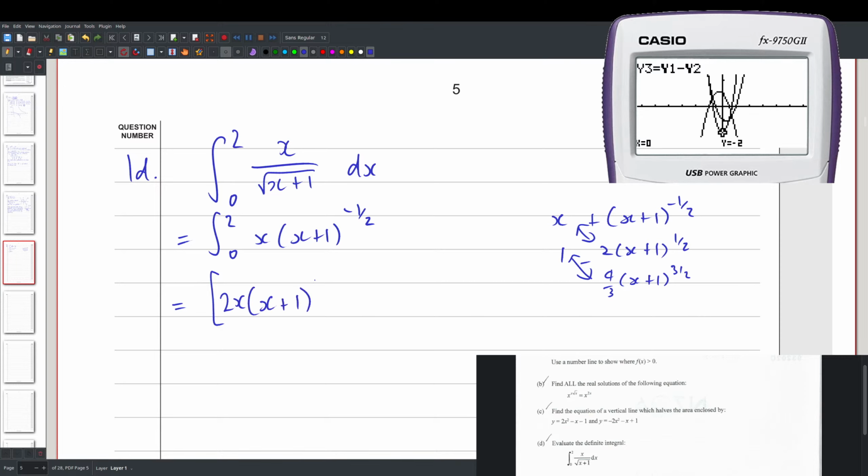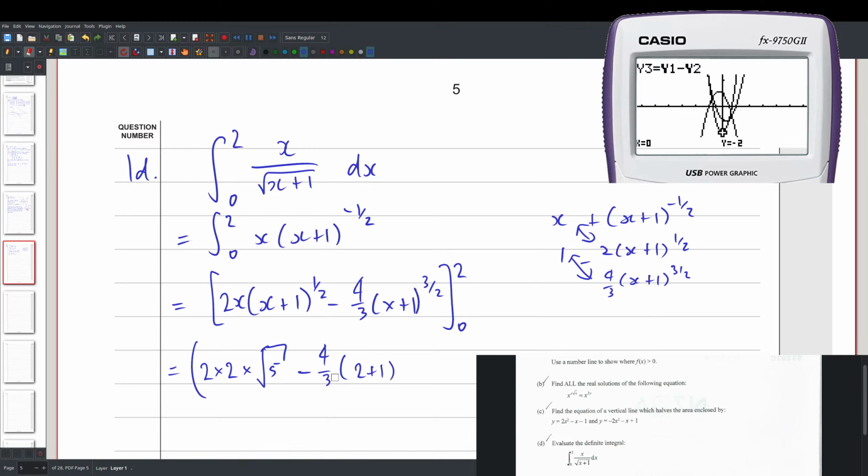x plus 1, 1 on 2, minus 4 on 3, x plus 1, 3 on 2, evaluated between 2 and 0. The first term has an x in it, so it's 2 times square root of 5 minus 4 on 3, 2 plus 1. Wait, no, not square root of 5, it's square root of 3.